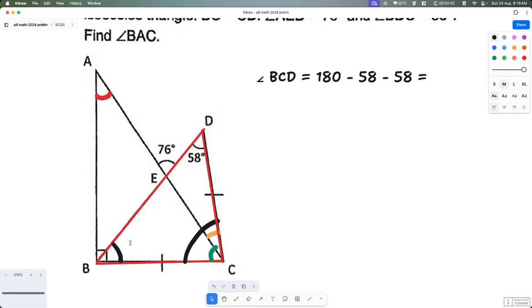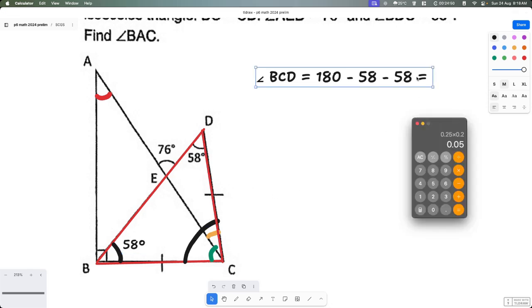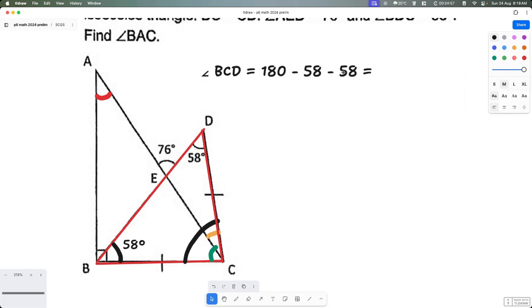I'm going to write here 58 degrees. Since it's 58, this is 58 because of isosceles triangle. So let's use the calculator. 180 minus 58 times 2, which is basically 64. So BCD is 64 degrees in this case over here. Let me make this into a blue angle and then write here 64 degrees. Okay, so now we know the blue angle is 64 degrees.